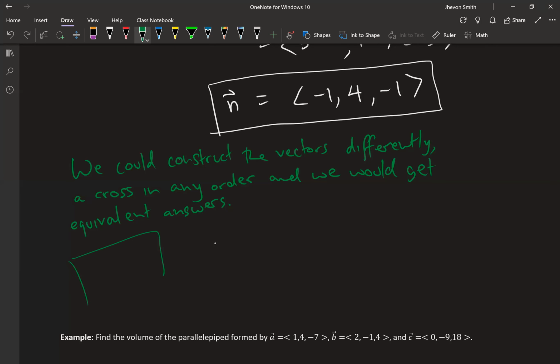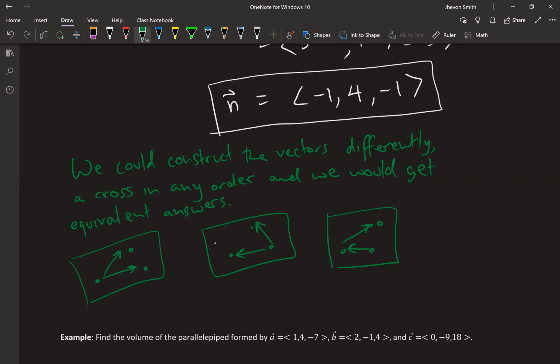So I have the plane. We did this vector and that vector, connecting these 3 points. Connecting these 3 points, I could have done this vector and that vector. I could have done this vector and that vector.